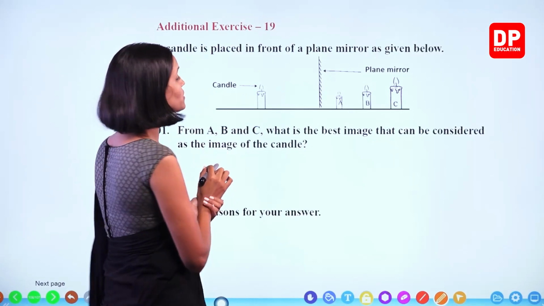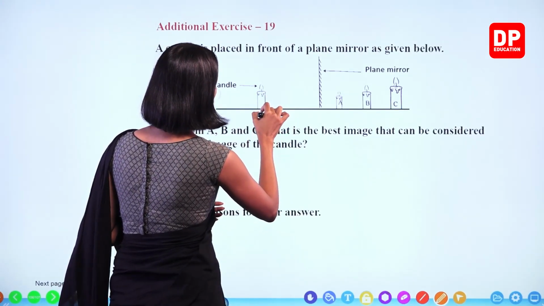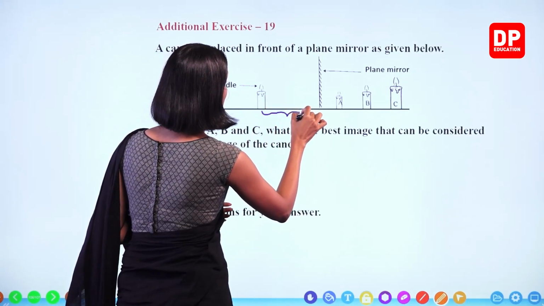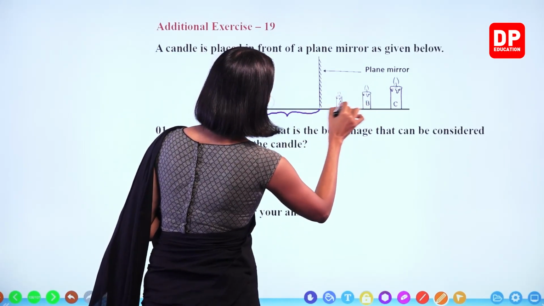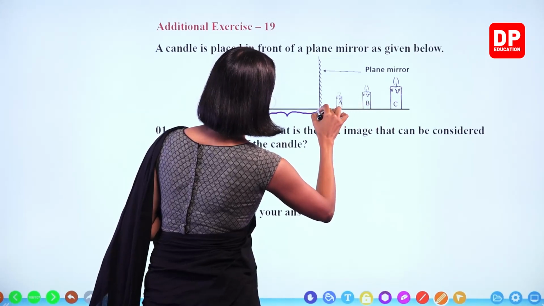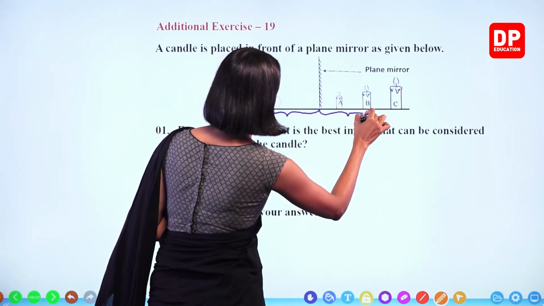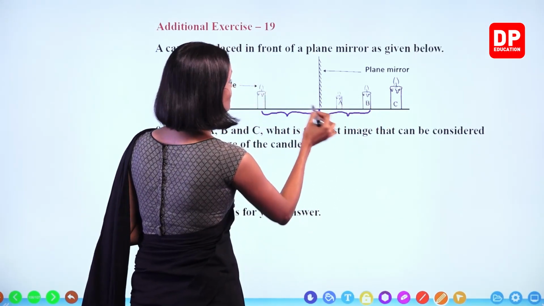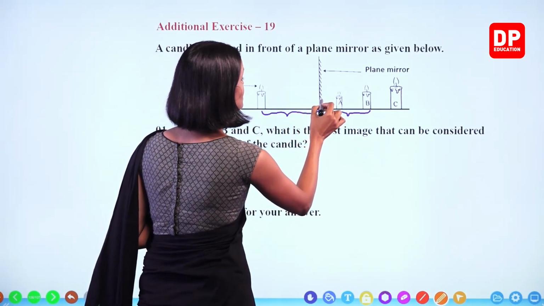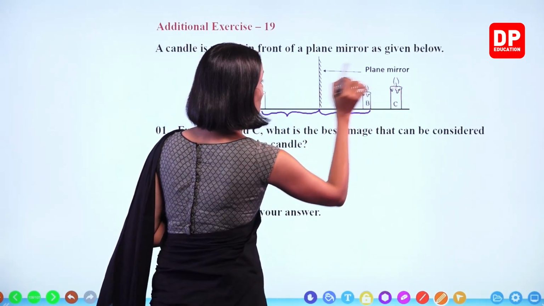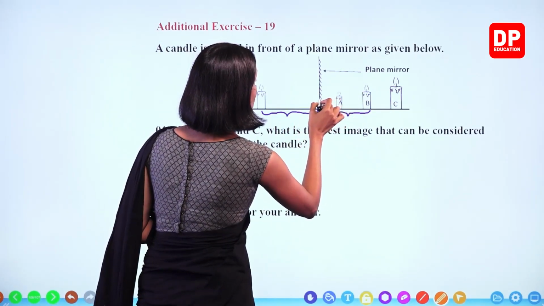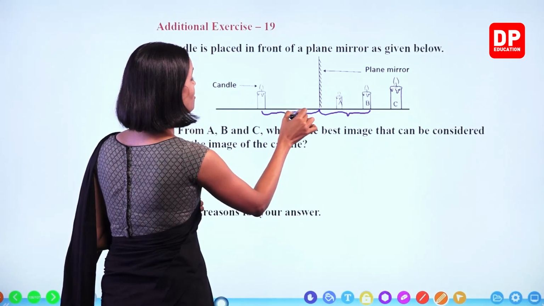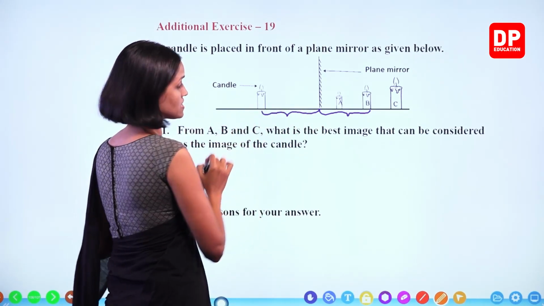Not only that, when you consider the distance between the candle and the mirror, and the distance between this B and the mirror, B means this image and the mirror, they look quite similar. But when you consider this distance and this distance to the other images A and C, between A and C, this distance is less than that of this object distance, right?